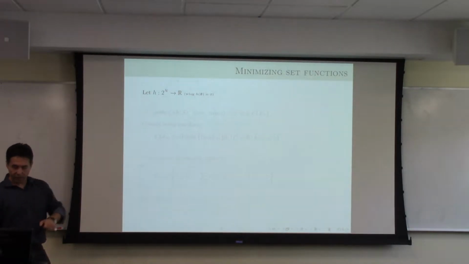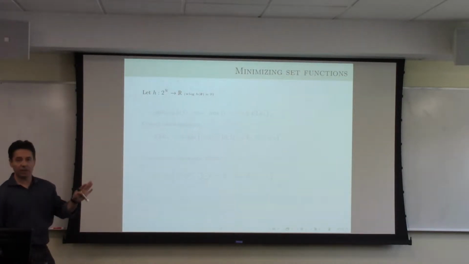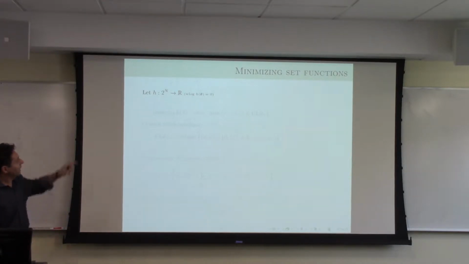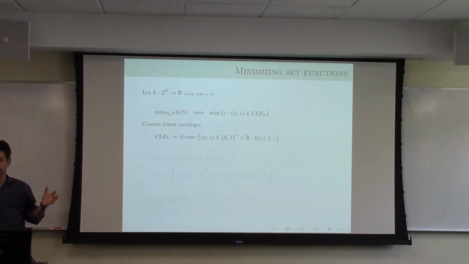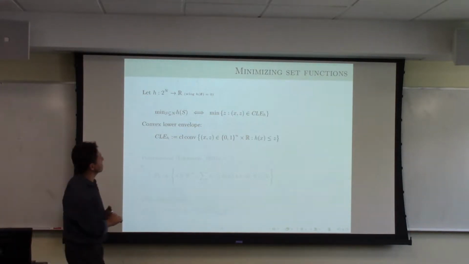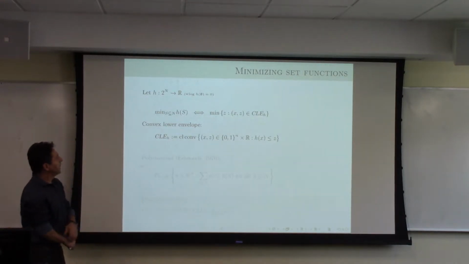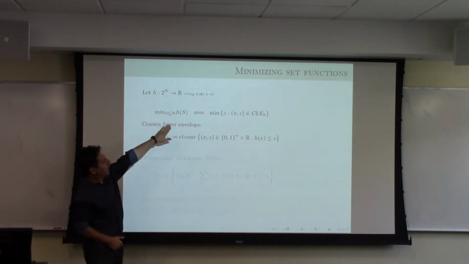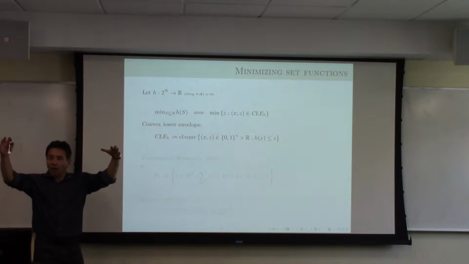Now we can do this in general for any set function. So let h be some real valued set function, and suppose we want to minimize it. Instead of that minimization, I can do this minimization over the convex lower envelope.